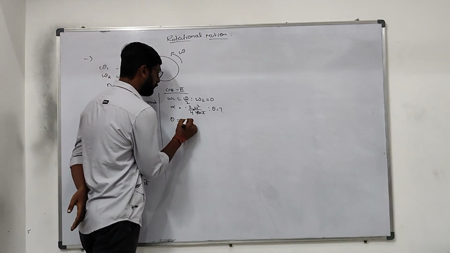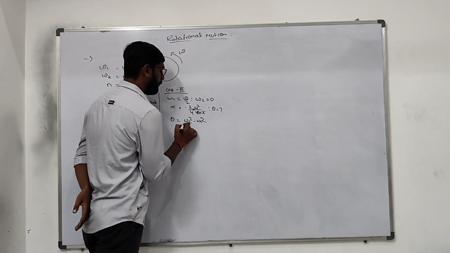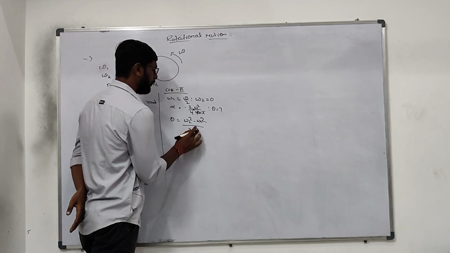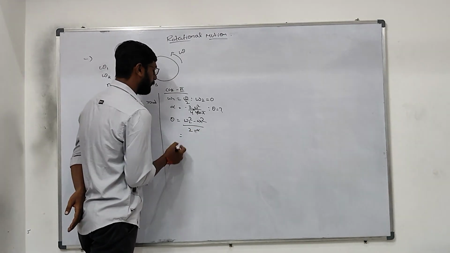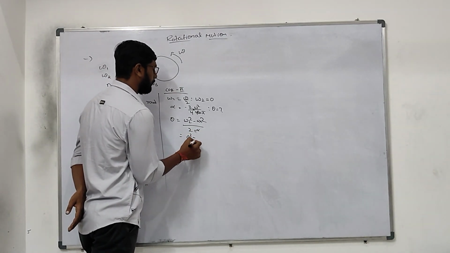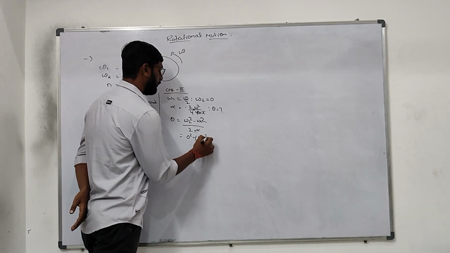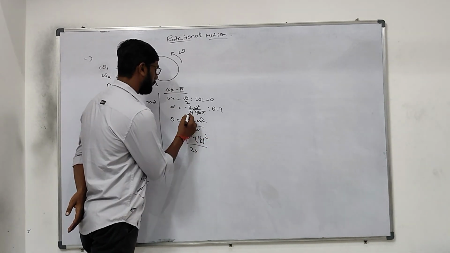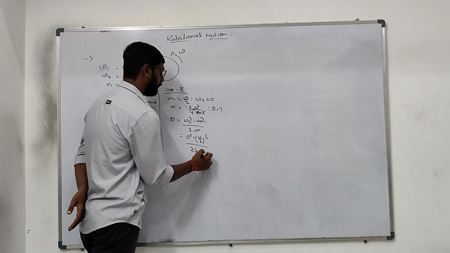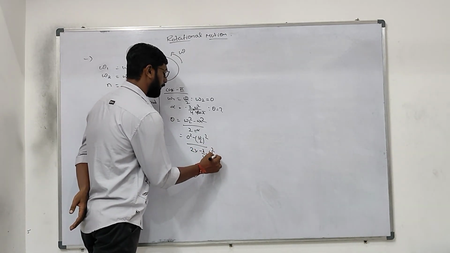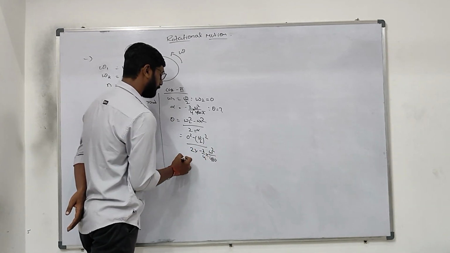So theta equals to what? Omega 2 square minus omega 1 square by 2 alpha. Omega 2 is 0 square minus omega 1, which is omega by 2 whole square, by 2 into alpha, which is minus 3 by 4 into omega square by 480.